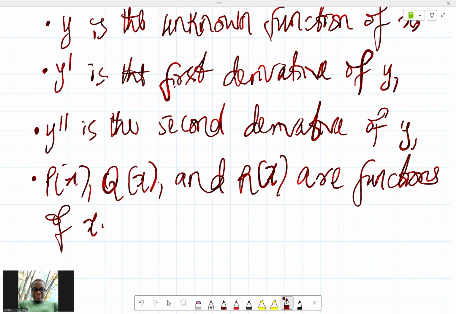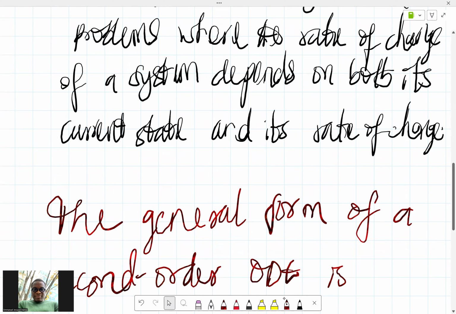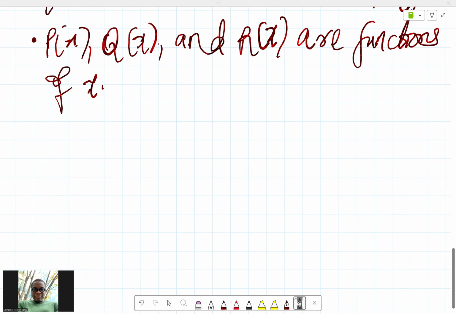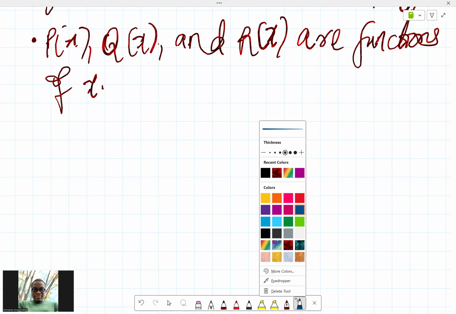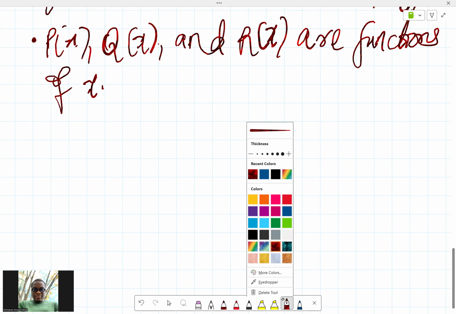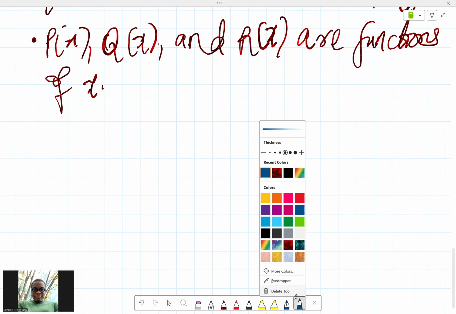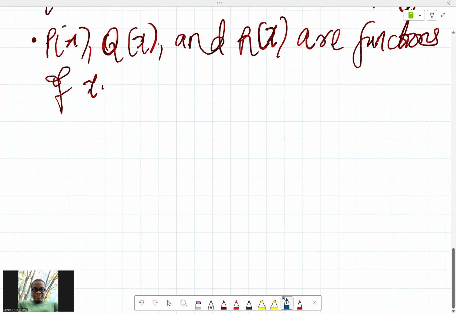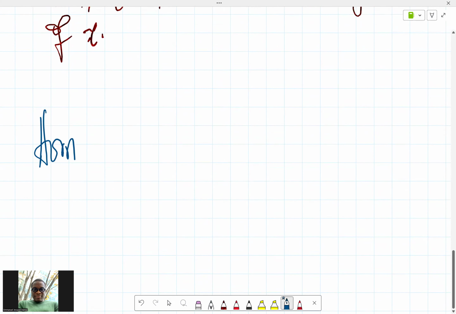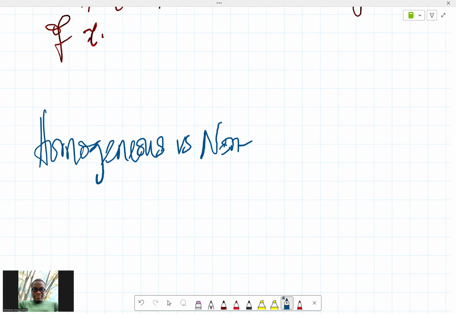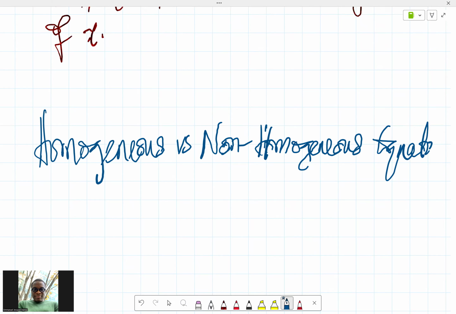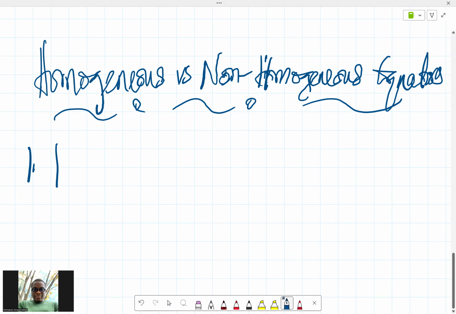Okay. Now, having looked at that, can we switch gear to consider another vital aspect? So let's look at homogeneous versus non-homogeneous equations. First of all, talking about homogeneous equations.